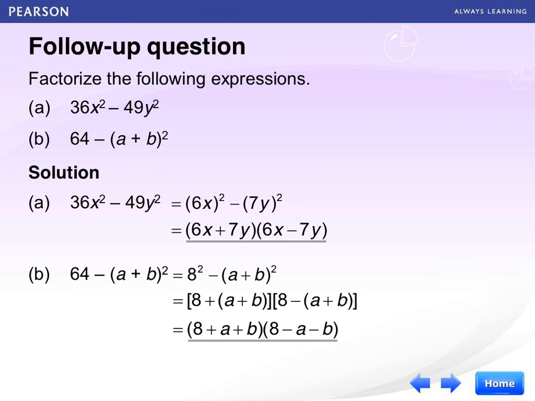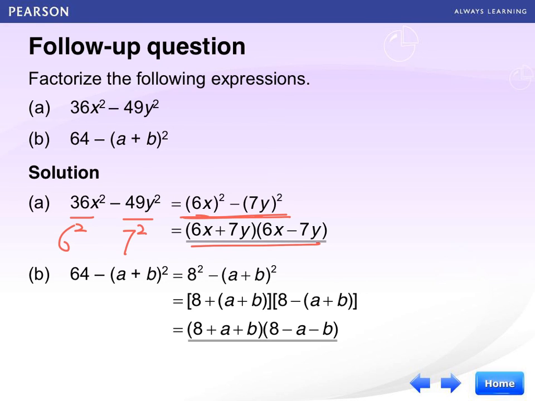And for these two follow-up questions, this is the same example, okay? So for 36x squared minus 49y squared, the same, okay? The 36 you need to become 6 squared, 49 you need to become 7 squared. As a result, you'll find that it should be the square minus square of 6x and 7y. So you can form these two factors.